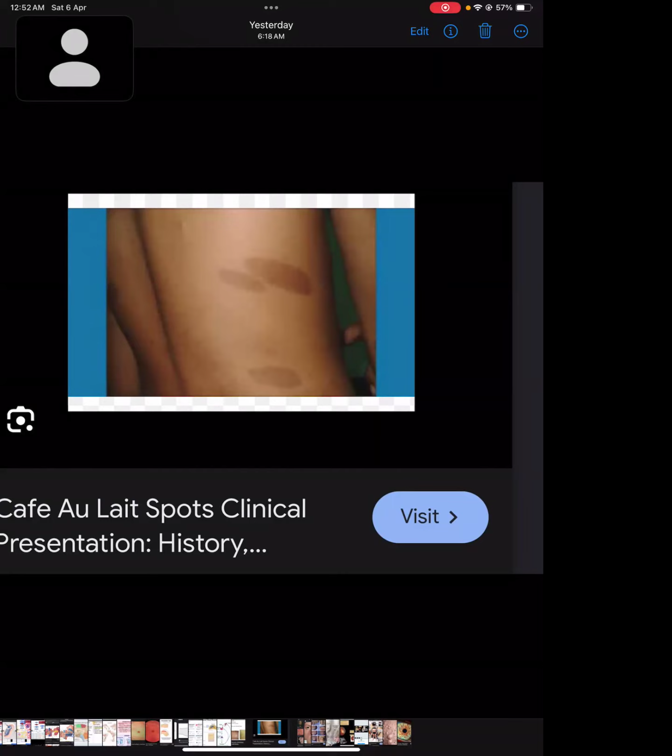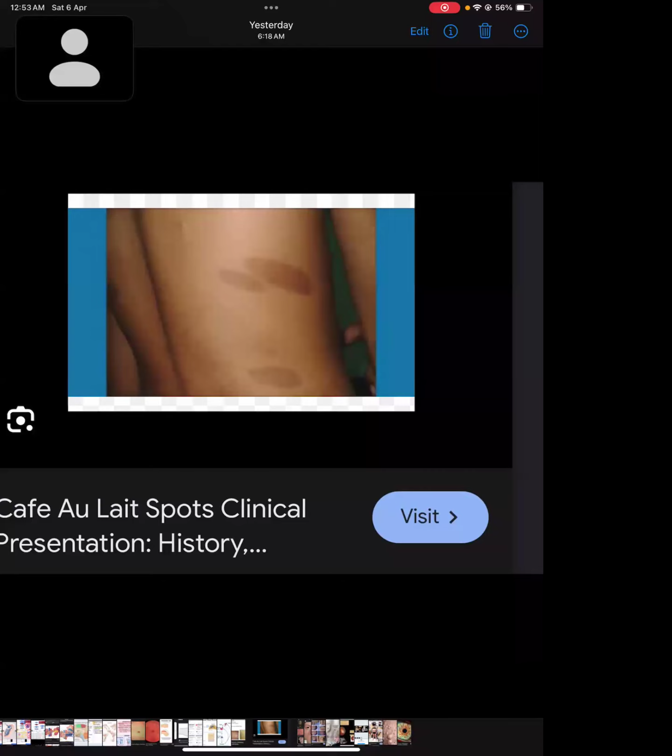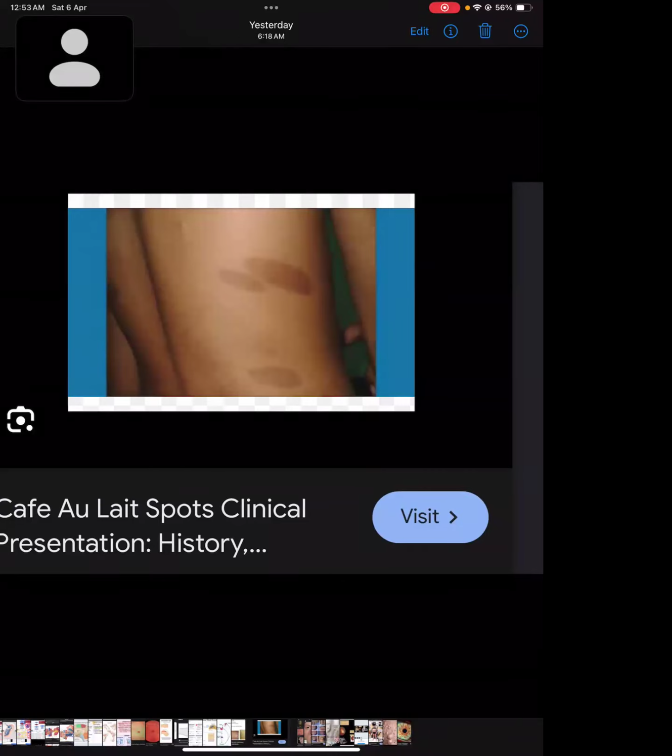More pigmentation. So these are what I was telling you to remember as a dark spot. Can you see that? This is the café au lait spot. Usually this type of spot is more common with neurofibromatosis, that is another disease. But also in TS, tuberous sclerosis, you will get that.